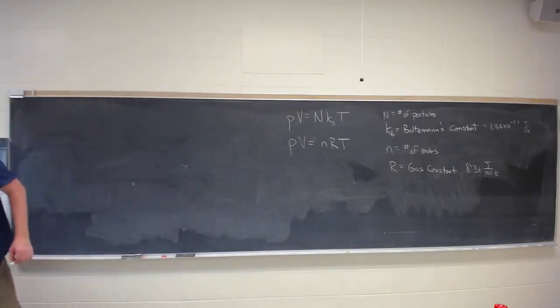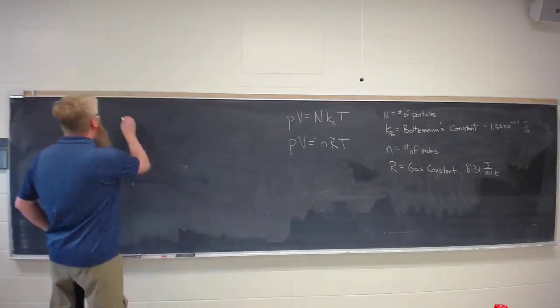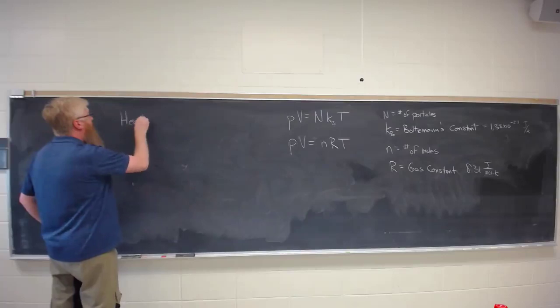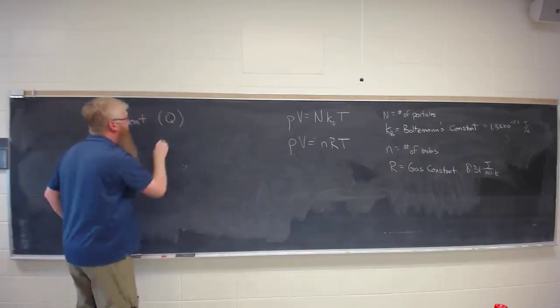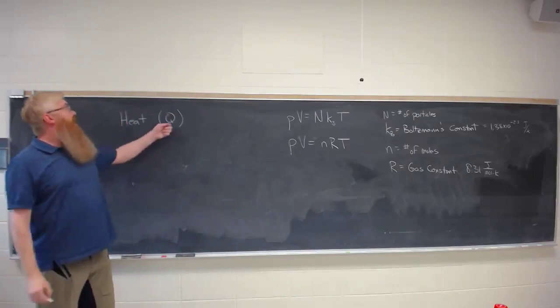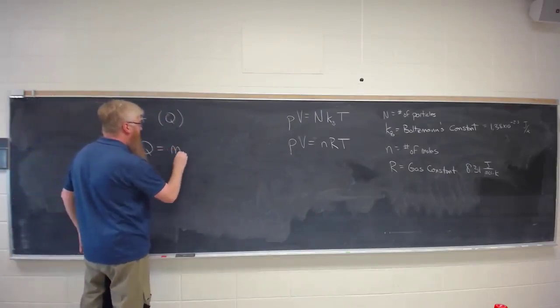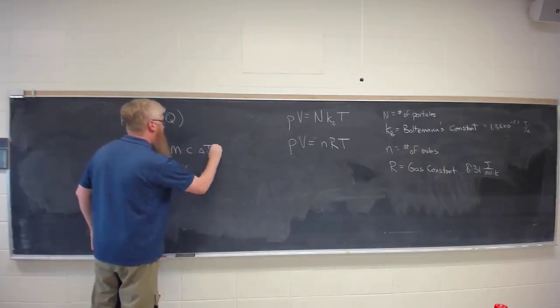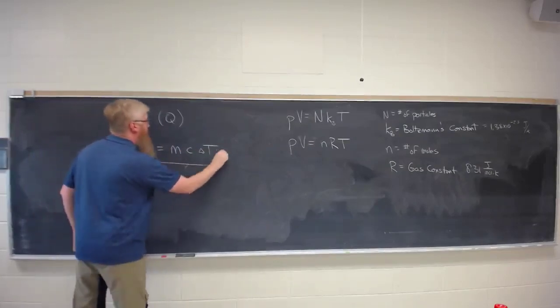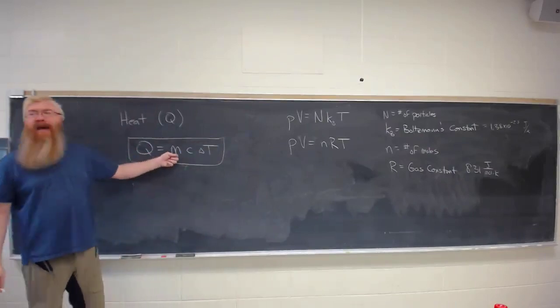So temperatures can change, but when you add heat, and heat is often given by the totally intuitive letter Q, because of course that's in the word heat all the time. Q is a measure of heat. The amount of heat added can change the temperature of an object. How much? Well, it depends on the mass.